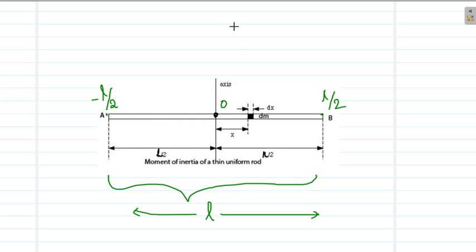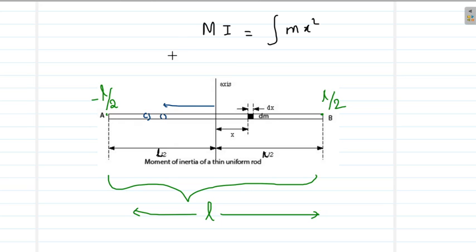Now in order to calculate the moment of inertia, we will have to do integration. Integration over mass into x square, where x is the distance from the axis up to each of the small mass elements. So in order to calculate the mass of each of the small elements situated at various lengths from the axis, we need to consider a specific term. In this case, it is the mass per unit length.